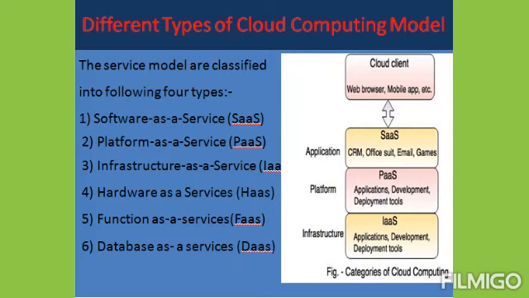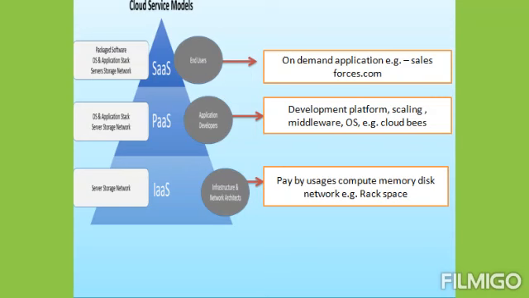As per the Global Information Security Survey by PwC 2012, most users, 69%, deployed software as a service, 47% deployed IaaS, whereas 33% deployed platform as a service in cloud models. The service models are classified into the following types.